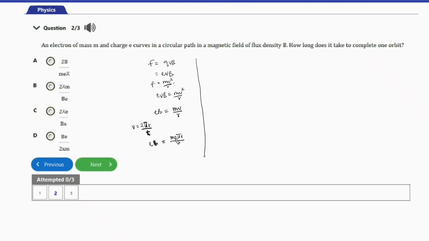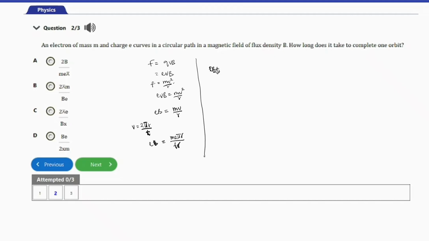So the overall equation now becomes eB is equal to m times 2 pi r over t times r. So we can cancel out r.